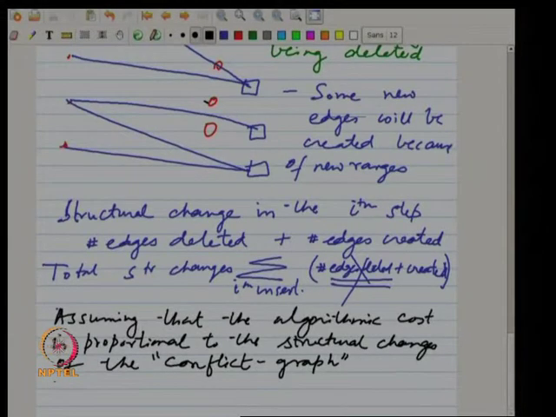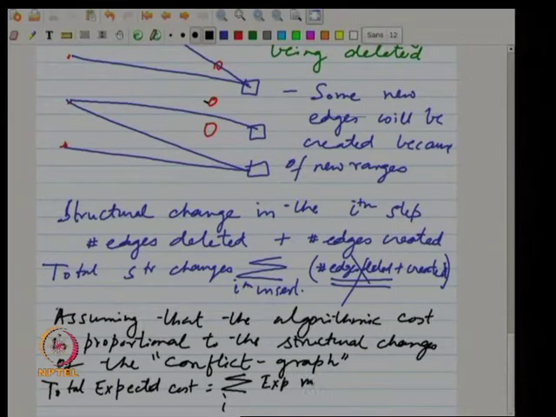Okay. Then we have that the total expected cost is nothing but, over all i steps, the expected number of edges created in the ith step.